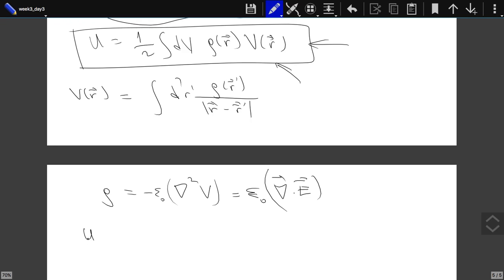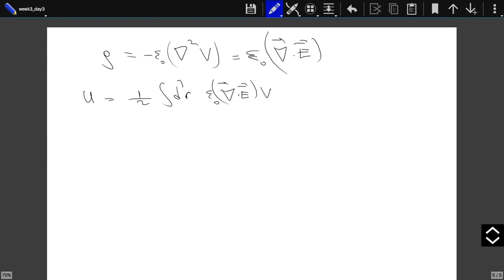So the potential energy stored in the system will be 1 over 2 dV. Okay, instead of dV, let me use d cubed r for the volume element, and V for the potential, because they might get confusing. So let's say d cubed r, our volume element, multiplied by epsilon 0, divergence of the electric field, times V. It would be nice to have the divergence of V times E, because that we can write in terms of the electric field.